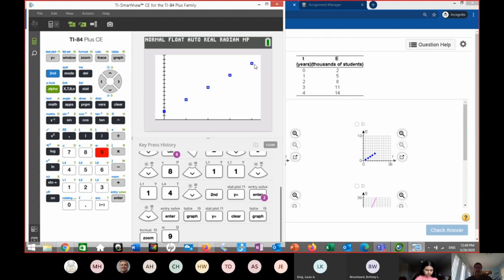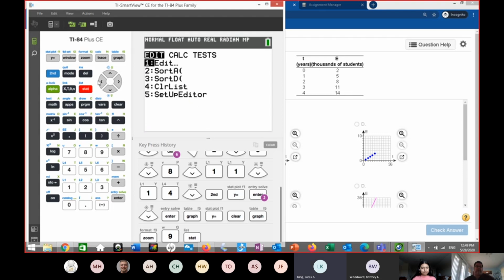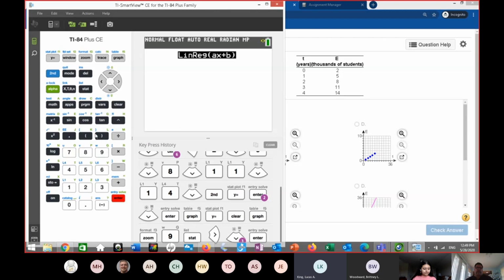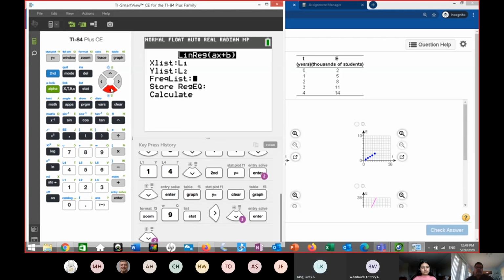Now, somebody tell me what that is. That's a straight line. So they're probably going to ask you, well, what is the slope and the y-intercept? Then you go to stat, calculate, and go down to linear regression. And it defaults to L1 and L2, and you hit calculate.